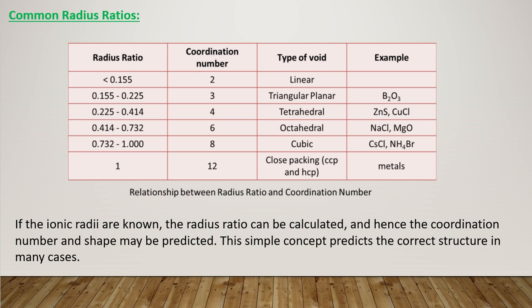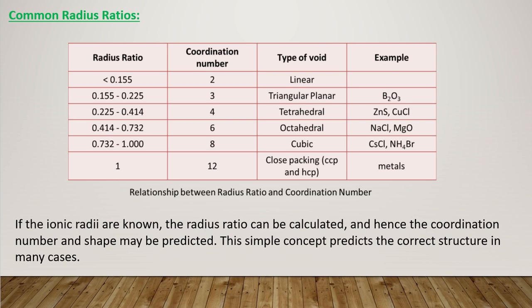If the radius ratio is between 0.732 and 1, then the coordination number will be 8 and the geometry will be a cubic arrangement. For example, cesium chloride and ammonium bromide.